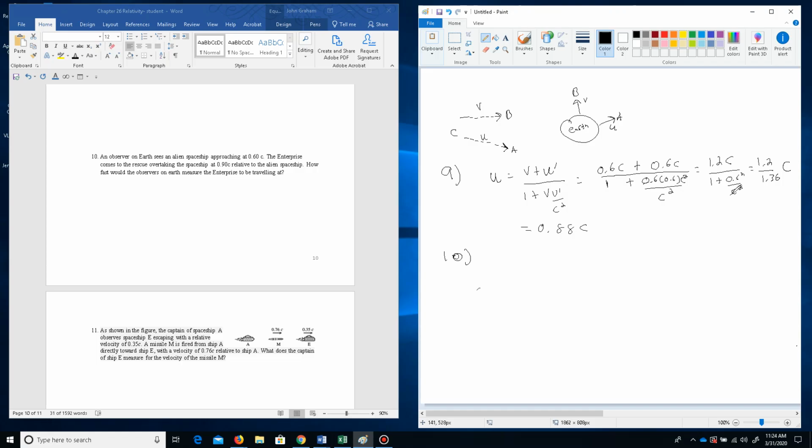So you have Earth, alien spaceship, and then you have the Enterprise. I'm not going to draw the Enterprise exactly. Worst Enterprise ever, but so Enterprise, alien, 0.6 c, 0.9 c, both are being measured from Earth.